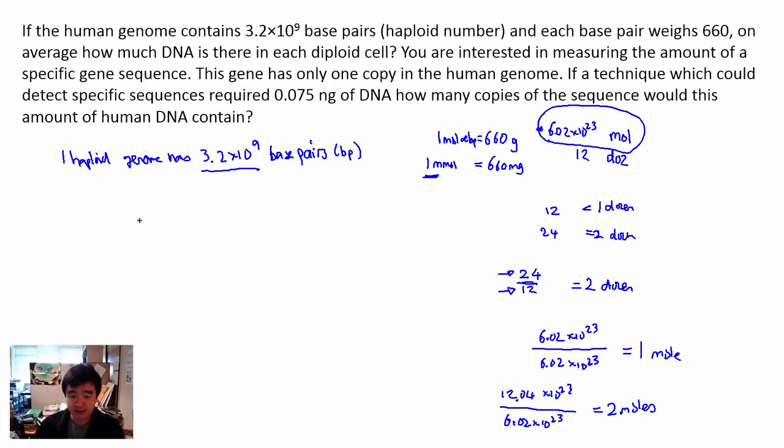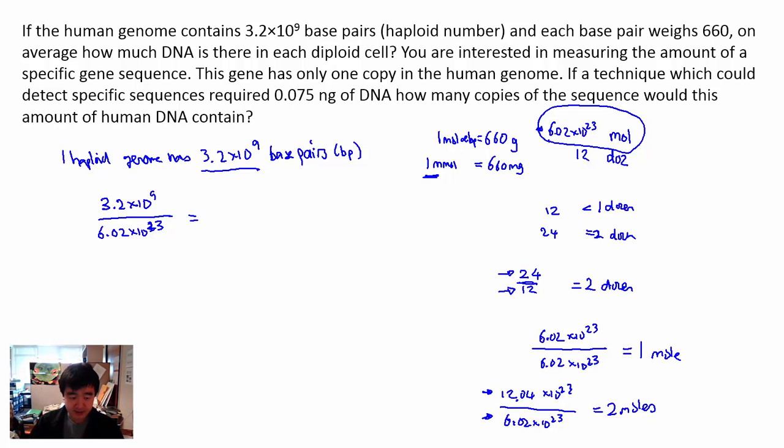1. Okay. In order to work it out, just like we did here with 12.4 divided by the counter, we can do 3.2 times 10 to the 9 divided by the counter, which is 6.02 times 10 to the 23.